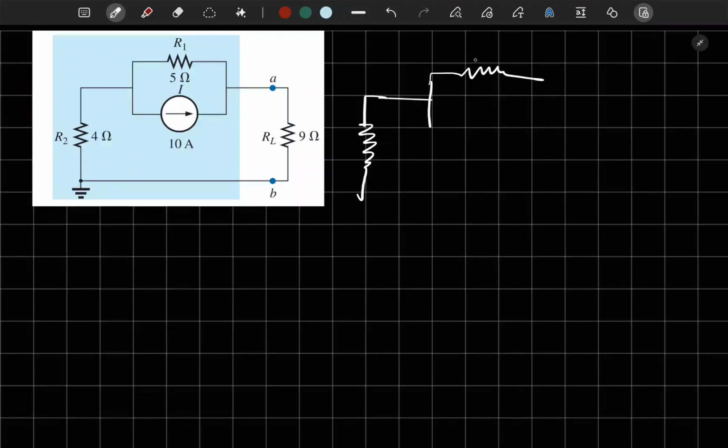So here we have the open circuit, and this will also be open because of the load terminals. So this is R2, 4 ohms, R1, 5 ohms. That's it.